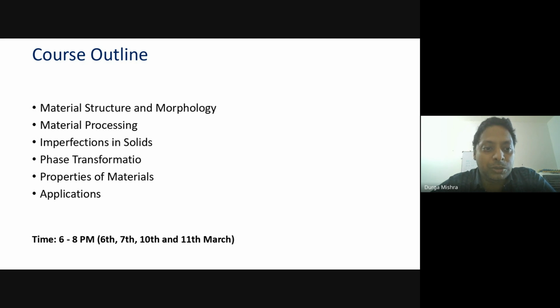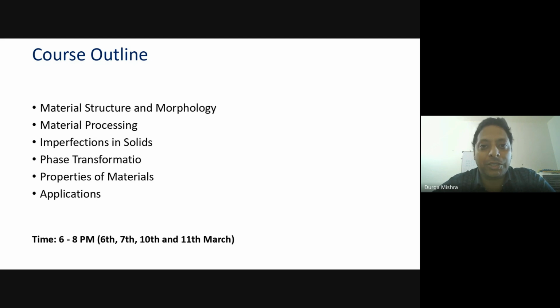So the broad outline is like these points: material structure and morphology, material processing, then imperfections or defects in solids. Another important aspect in material science is phase transformation.